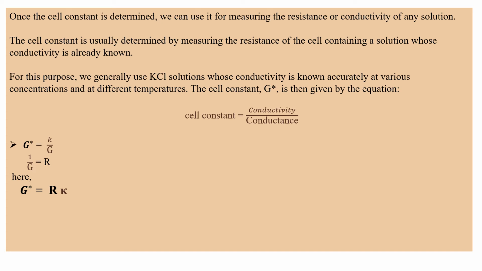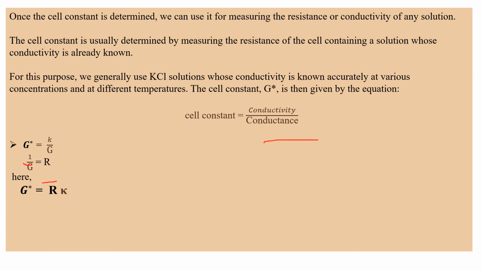The cell constant G star, or L upon A, length upon area, is then given by the equation: cell constant equal to conductivity upon conductance, because we know that conductivity equals conductance into cell constant. So cell constant G star equals conductivity kappa upon conductance G, and 1 upon G is equal to R, resistance.